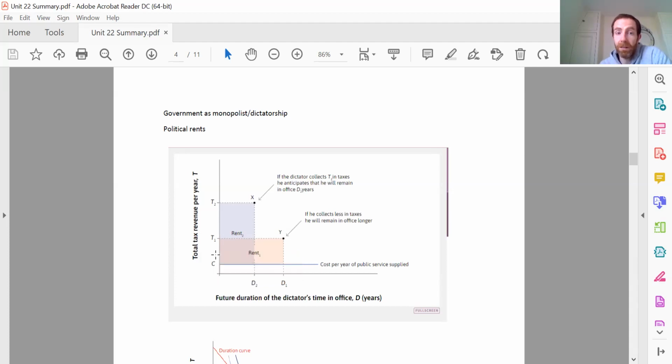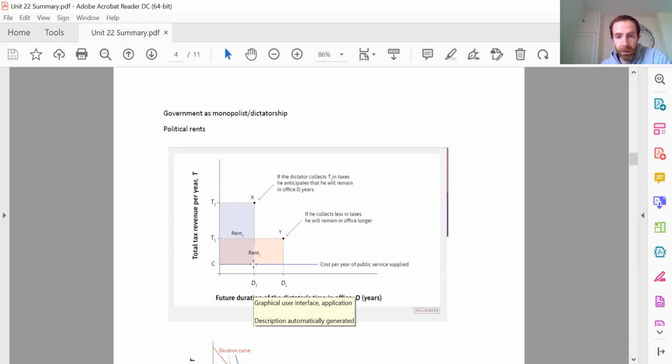And it actually is a kind of financial value: the difference between how much they're charging the citizens in terms of the tax they're collecting and how much it costs to run all the public services, that gap all goes to the dictator. Now, if the dictator decides to choose T2, this high level of tax, then, and we haven't got this fully yet, this duration curve we'll see in a second, that's going to mean they can only expect to stay in power for D2 years, right?